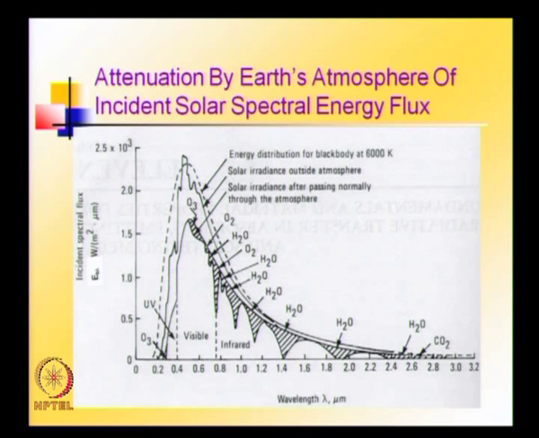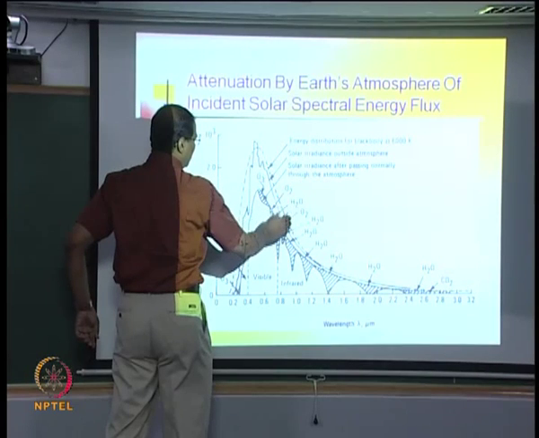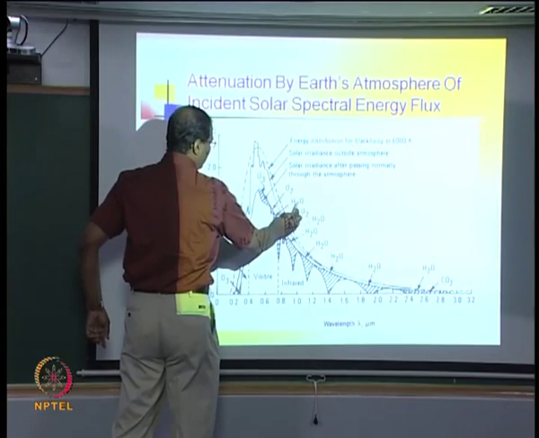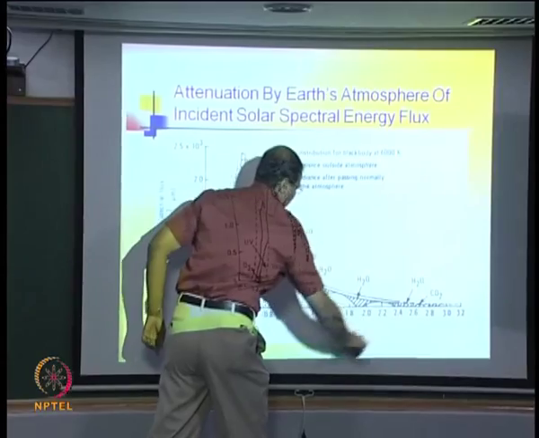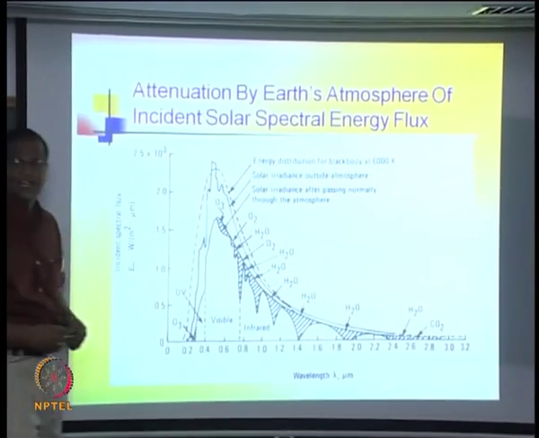Then this is the solar irradiance after passing normally through the atmosphere. You can see that it has a zigzag variation, because there are absorption bands of oxygen, diatomic and triatomic, water vapor, and carbon dioxide bands. Because of this there is a signature.